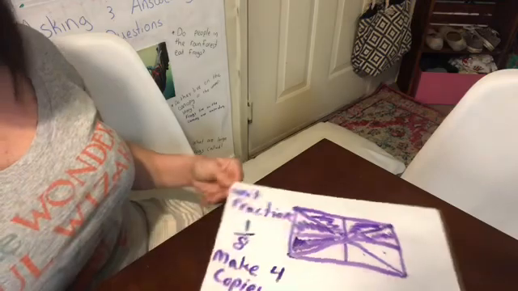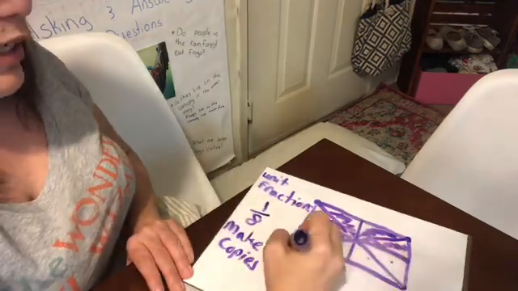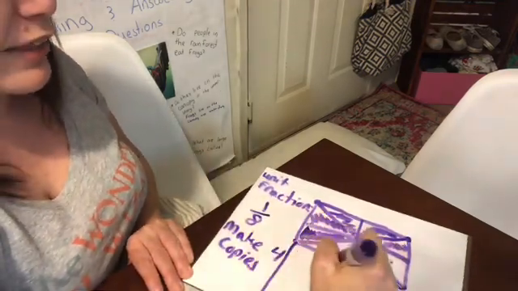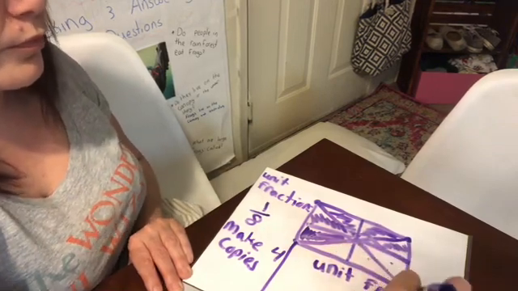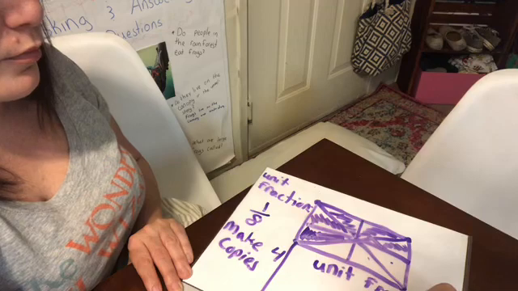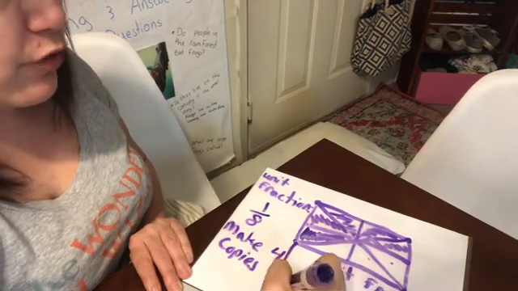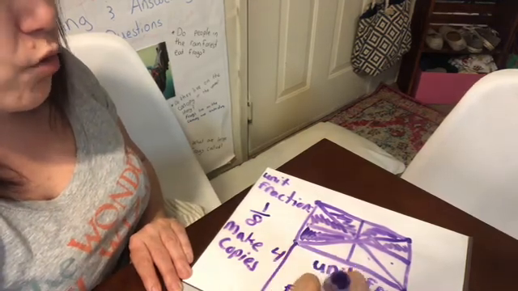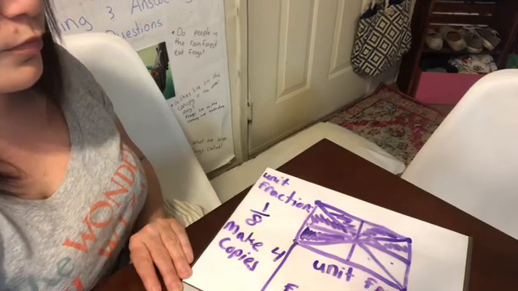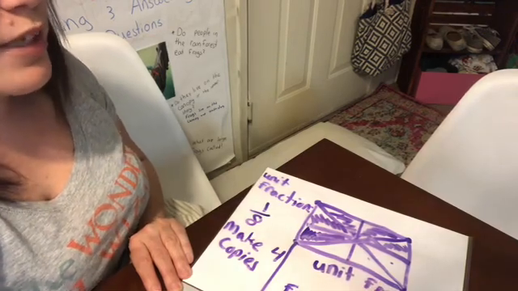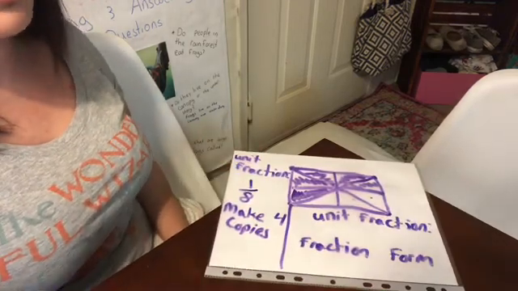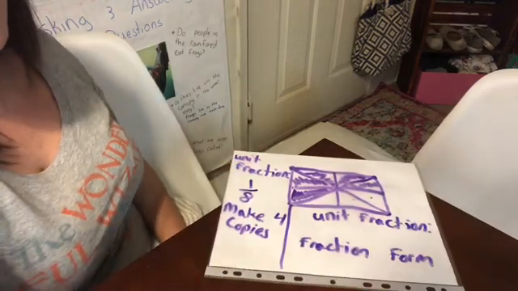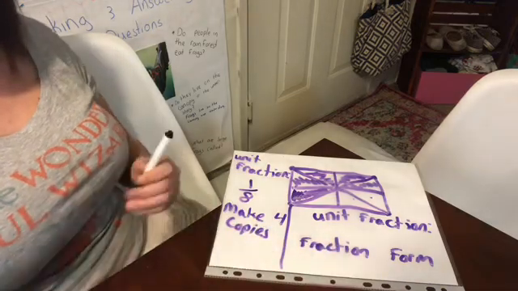What I would like for you to do on your whiteboard is to write that as a unit fraction here, and then write it in fraction form. When you have done that, go ahead and pause the video until you have done that. When it's all done, go ahead and unpause and come back to check your work.